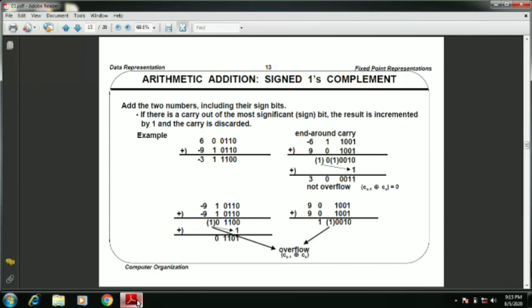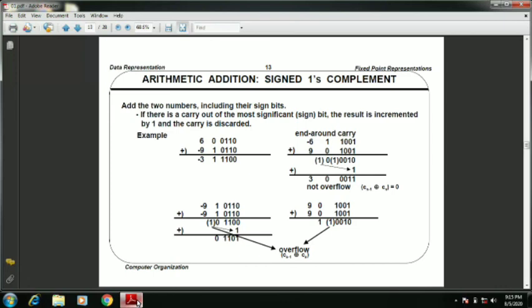Again, minus 6 plus 9 has an end-around carry. Minus 6 is represented by complementing both the sign and magnitude bits. So 6 is complemented to 1 1 0 0 1. Before, plus 6 was 0 0 1 1 0, but for minus 6 it is complemented in both sign and magnitude form, so it changes to 1 1 0 0 1.